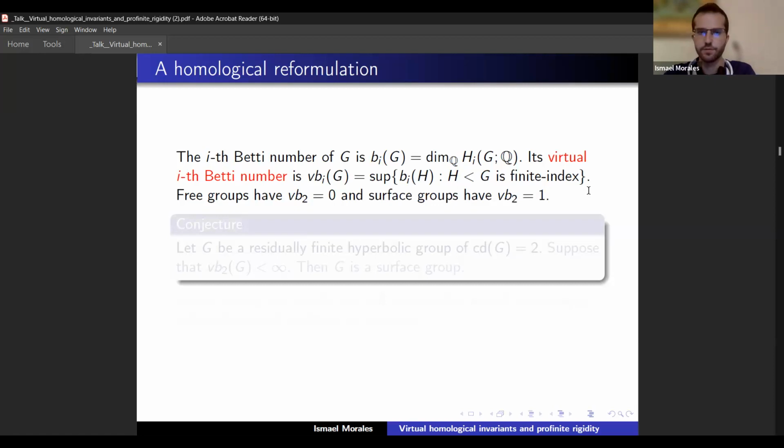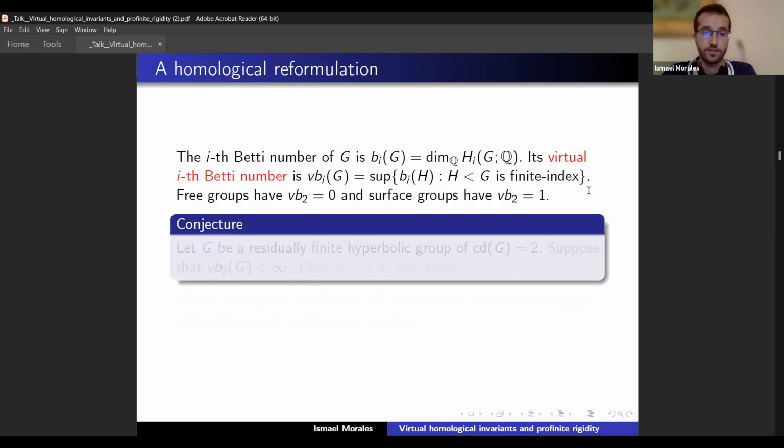Non-orientable surface groups have trivial second betti number, and orientable ones have second betti number equal to 1. So the virtual second betti number is 1. Apparently this seems to be a very strong property, that we go to finite index subgroups and we don't see this second homology growing.